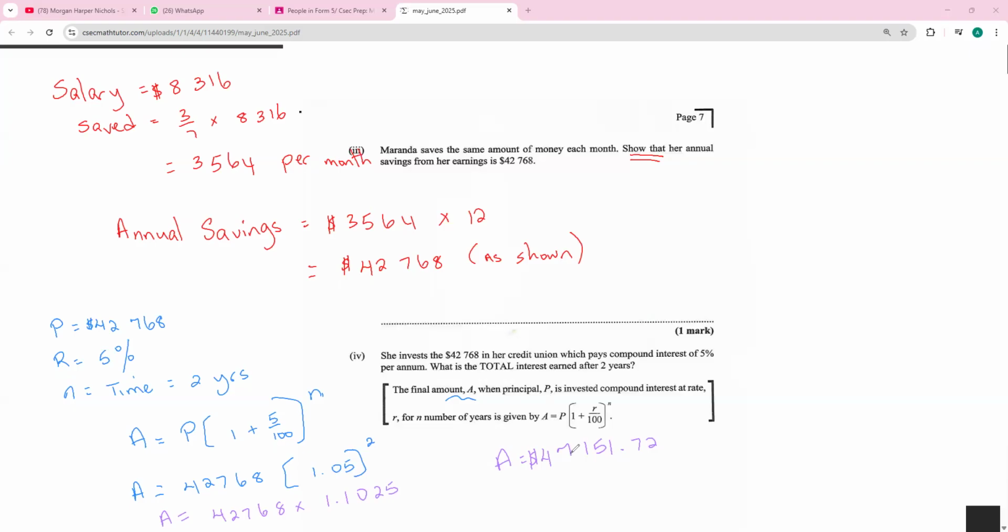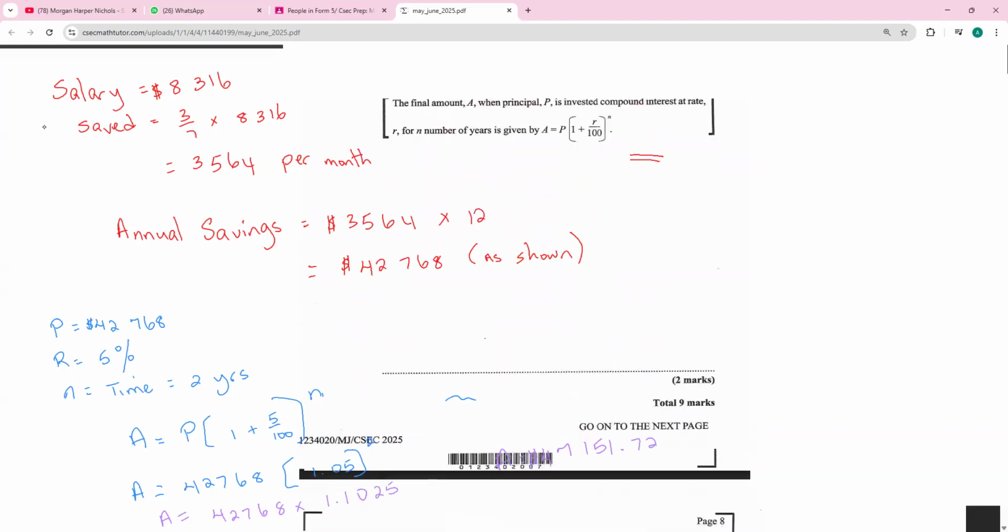But I got $47,151.72. Right, you could double check with me. Right. So that's the amount.